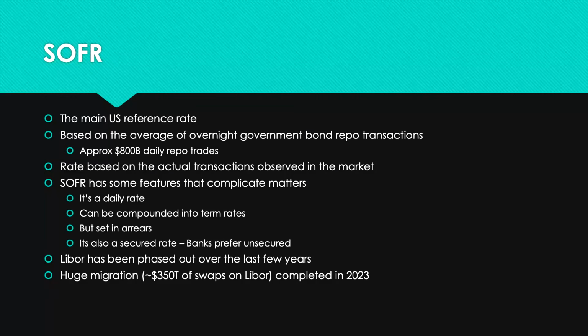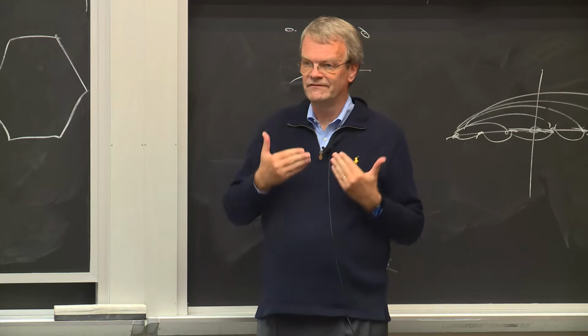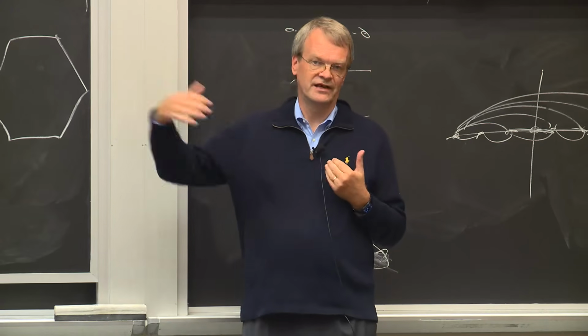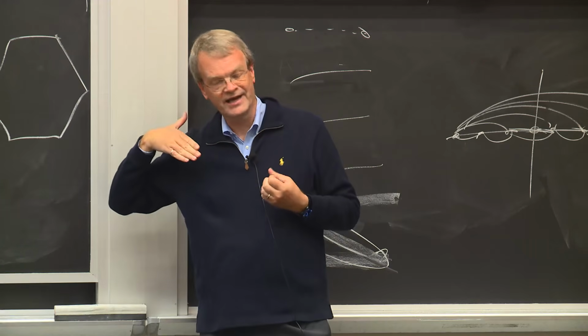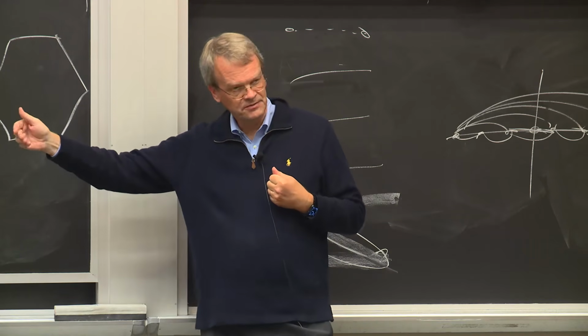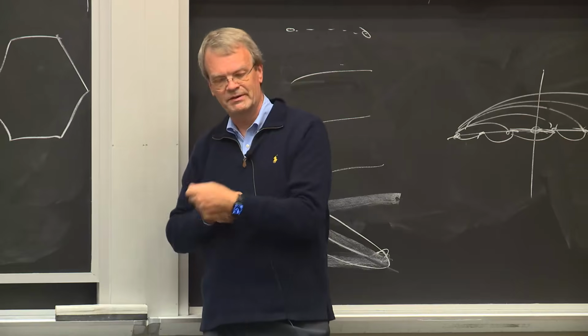So a repo rate is, if I have a bond, I can just buy it outright if I want to, but it's not usually an efficient way to do it. I can borrow money against the bond. So if I buy 100 million US treasuries, I can then post that to somebody and borrow, say, $98 million of cash. And he'll hold my bond. And then if we want, we can swap it back in again.